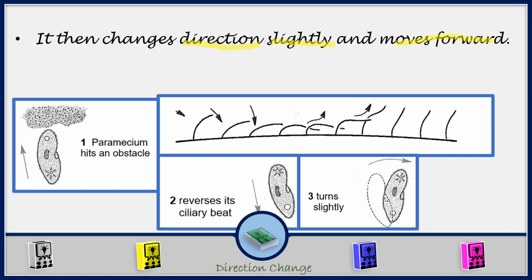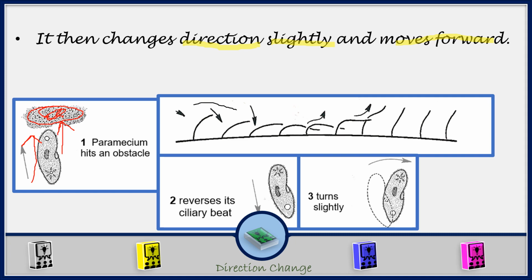What we have seen here is that the paramecium was moving in that direction, but unfortunately it found an obstacle. As it was moving, it can now not go any further because of that obstacle. So it changes the ciliary beat.